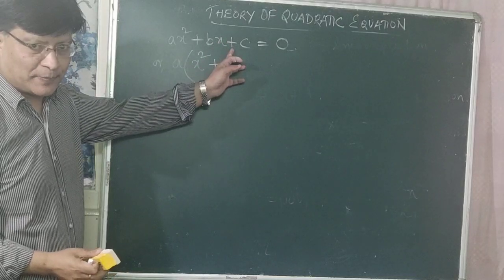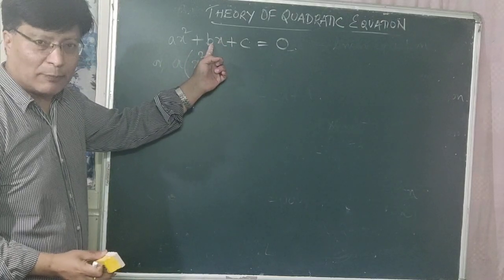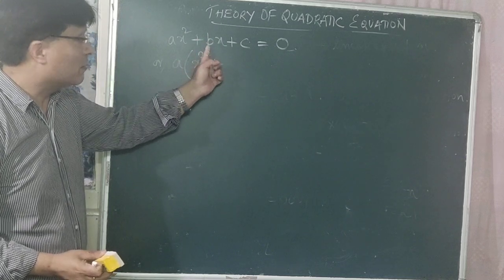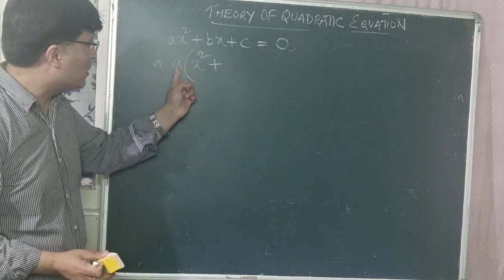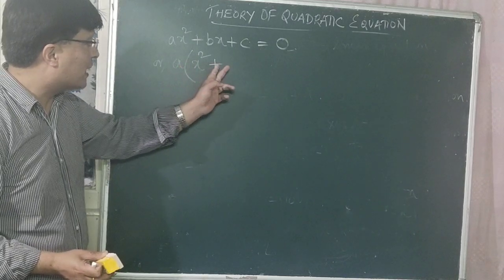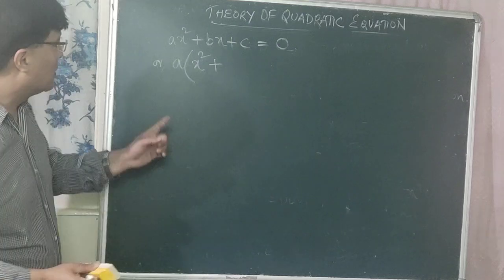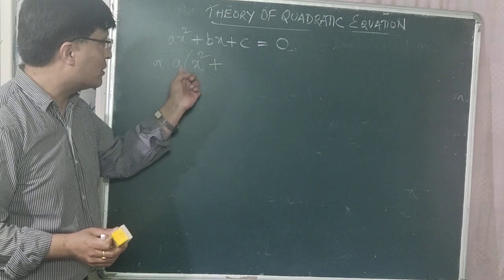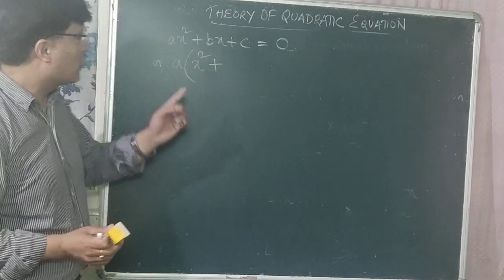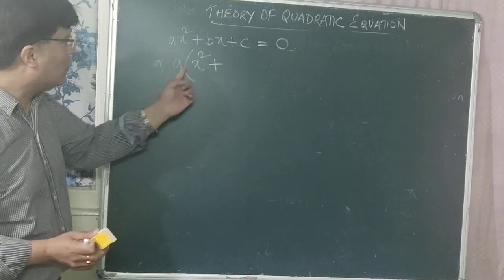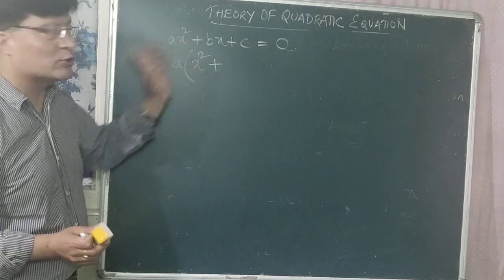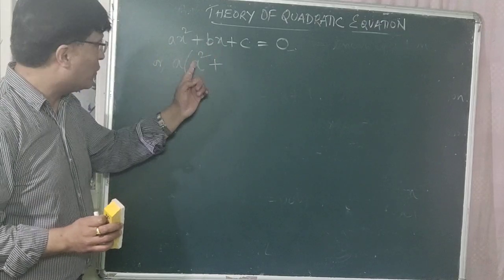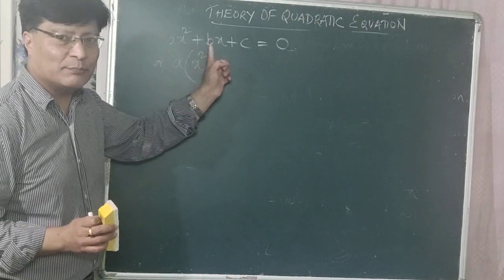By which number will you multiply a so that you can get bx? In the first case, if you multiply this x square by a, we get ax square. That is correct. But in this case, there is bx, so by which number will you multiply a to get bx?